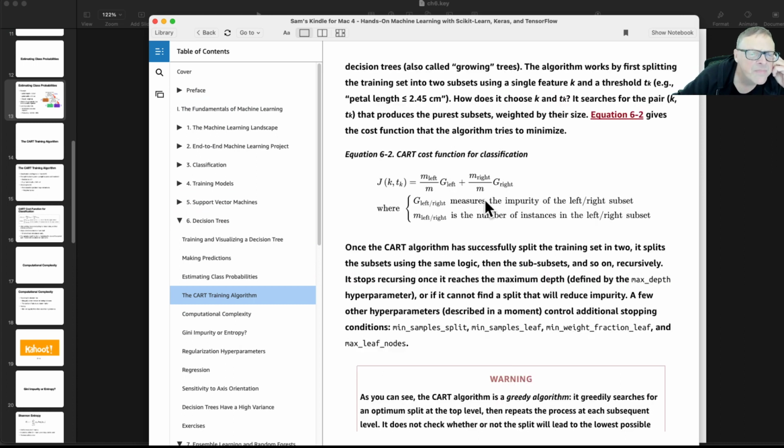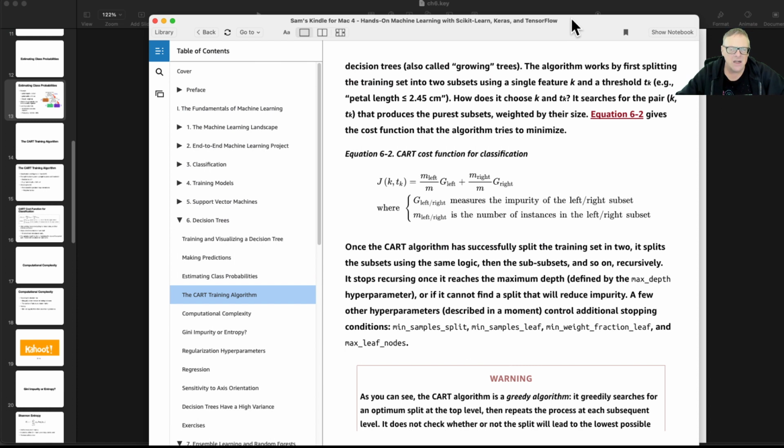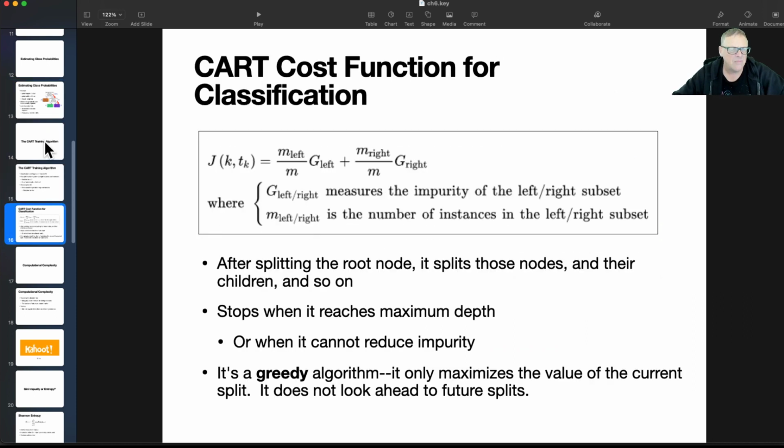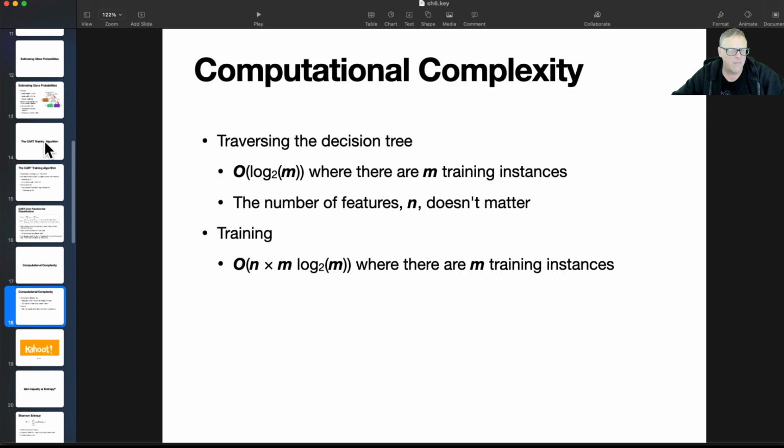Here's M. M is the number of instances. Yep, okay. So M is the number of instances, and N is the number of classes.